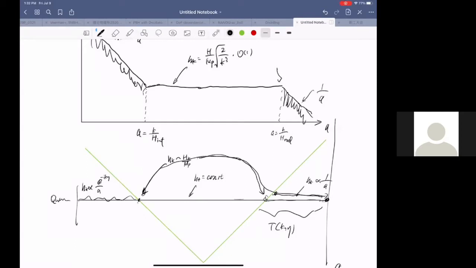is described by the so-called tensor transfer function, by solving the equation of motion of the tensor perturbation in this accelerated universe.